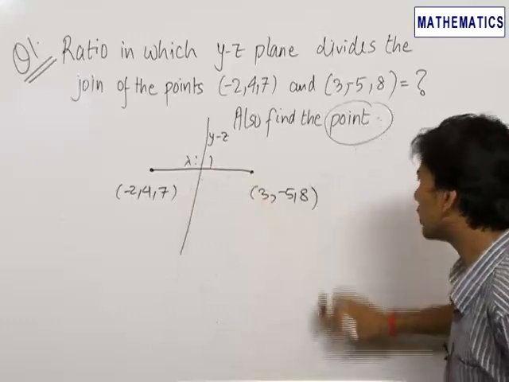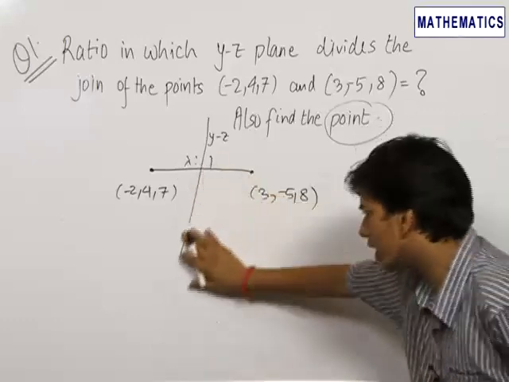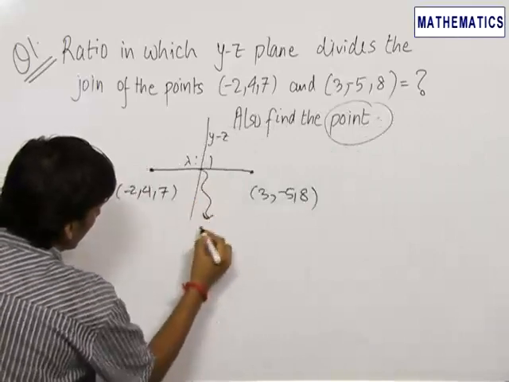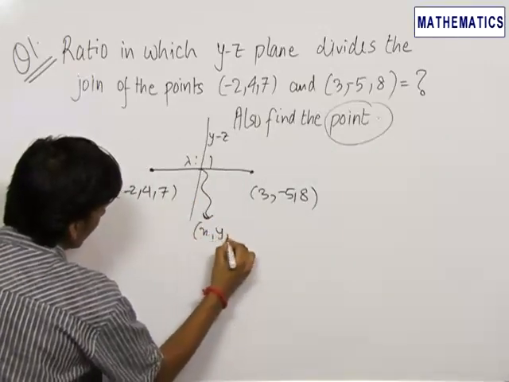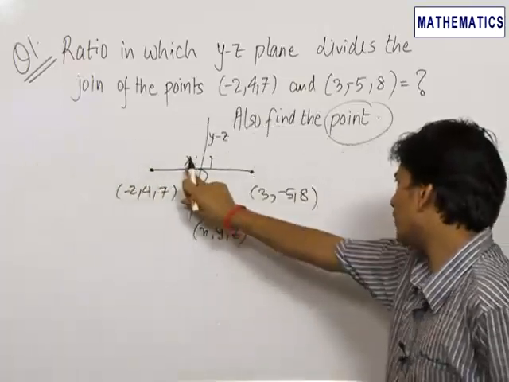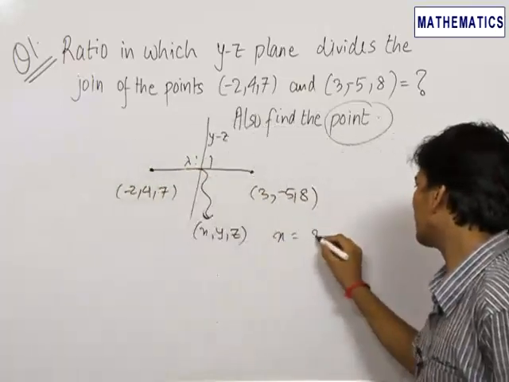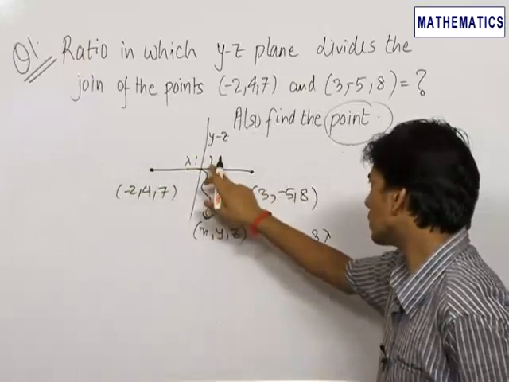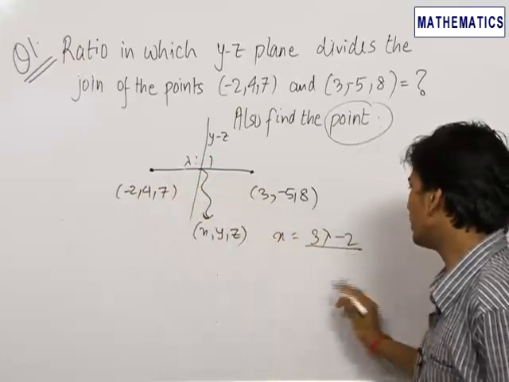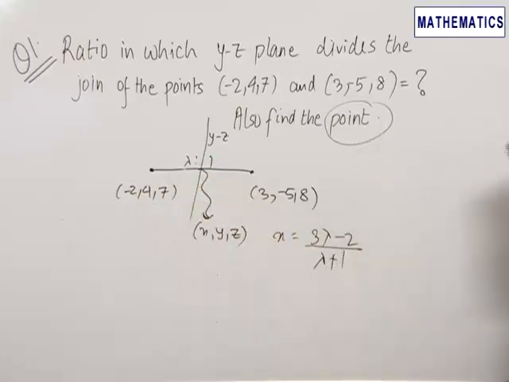Now, as we had in 2 dimensions, we have a similar section formula in 3 dimensions. Let the coordinates of this point be x, y, z. We can write x is equal to (m1x2 + m2x1)/(m1 + m2), that is (3λ + 1 into -2), which is (3λ - 2) upon (λ + 1).